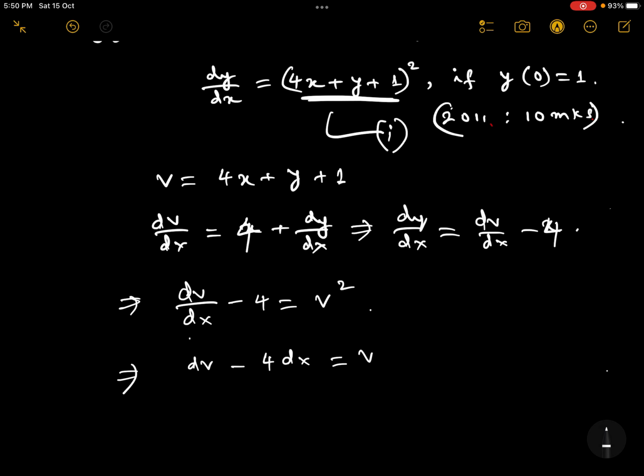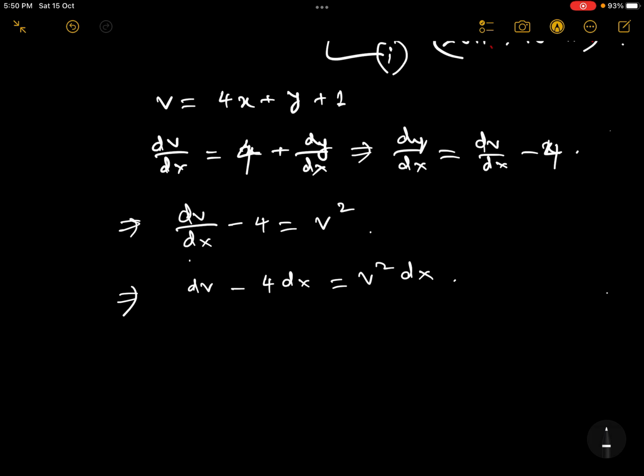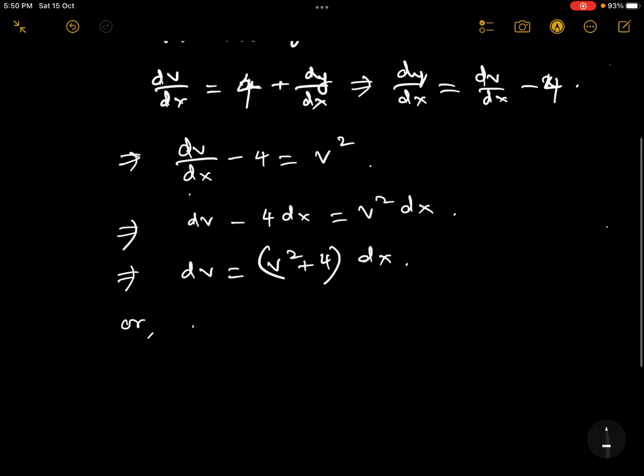Just think of it like multiplying dx on every term. So dv equal to v square plus 4 dx, or dv upon v square plus 4 equal to dx.